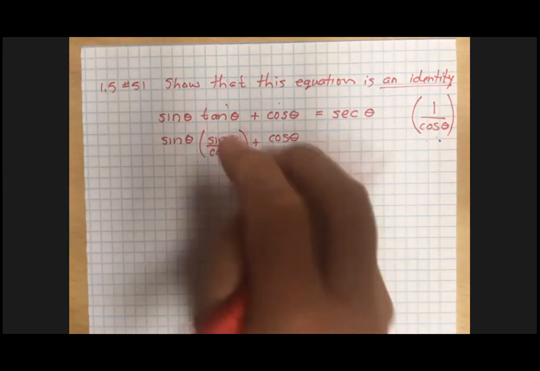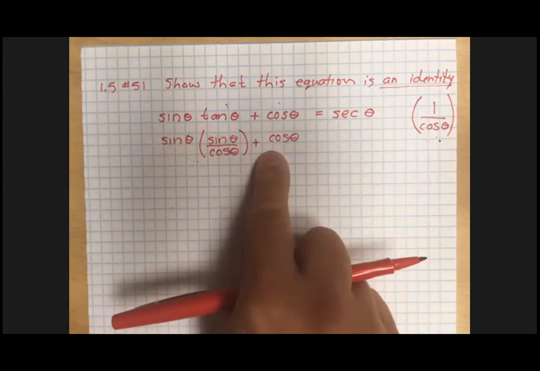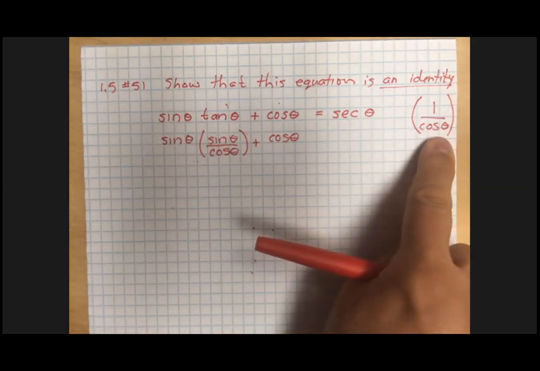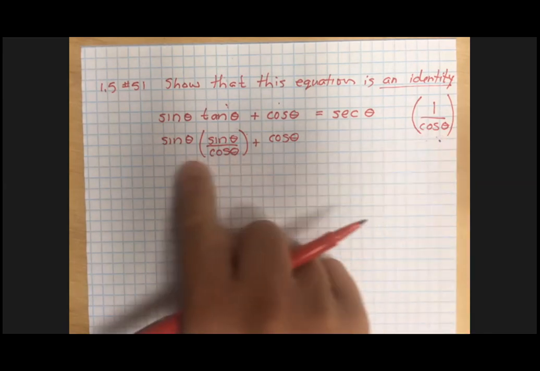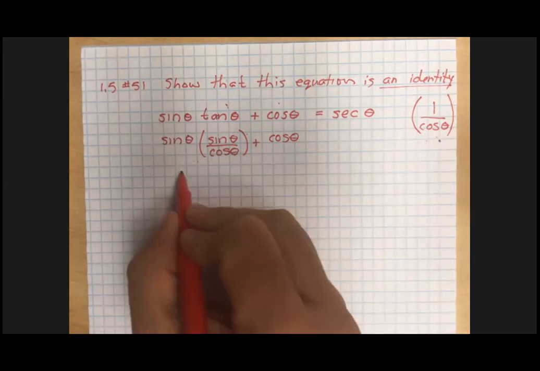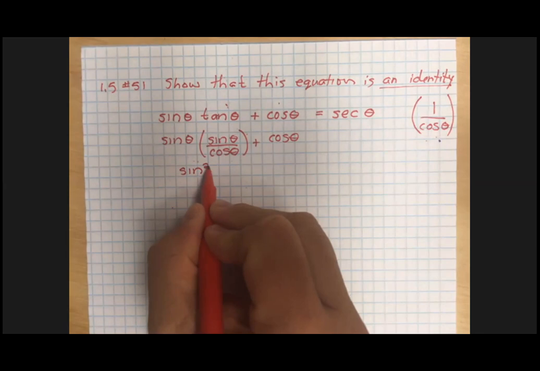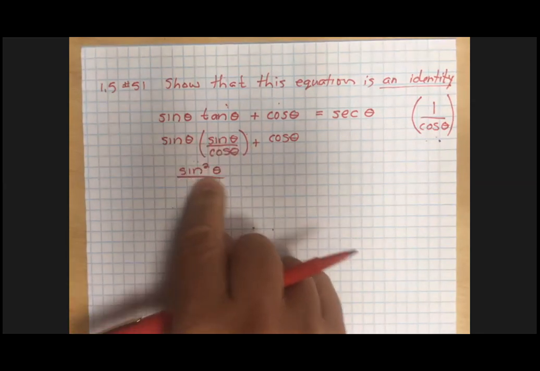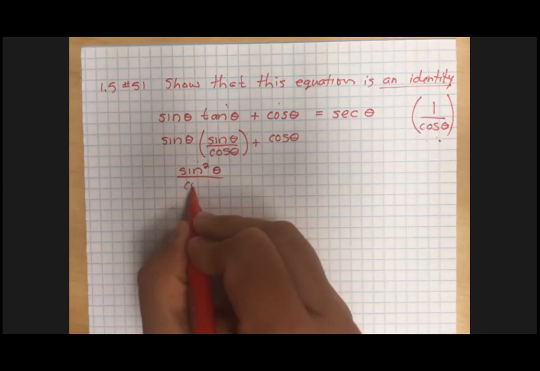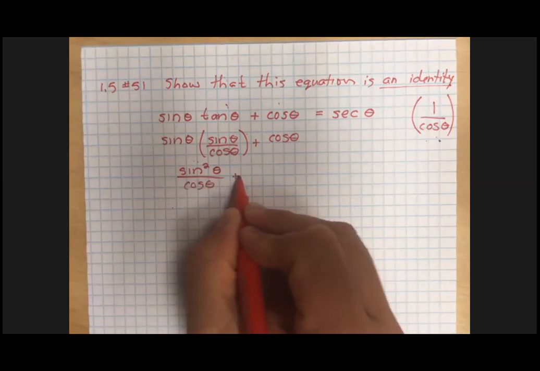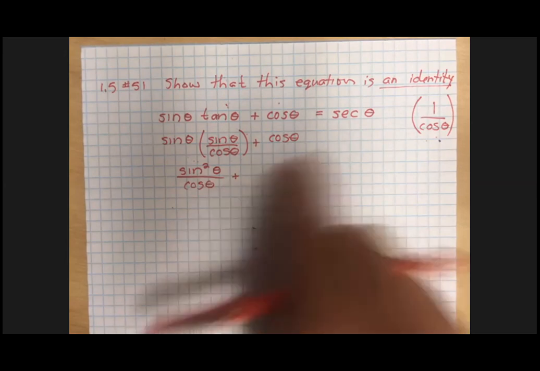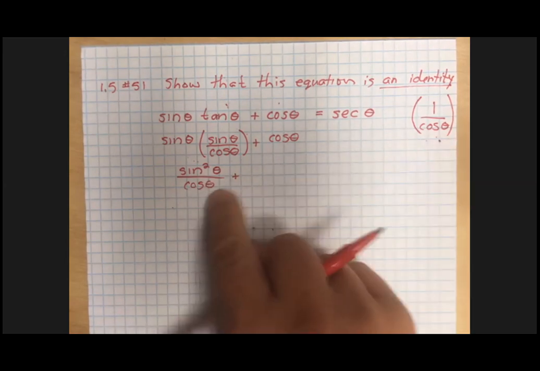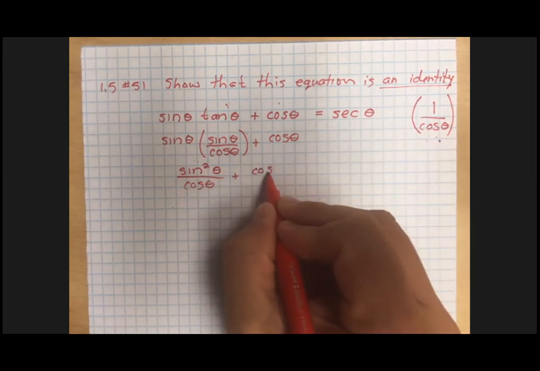If you write things in terms of just basic sines and cosines, it might help you find your answer. This does not look promising yet. This is sine theta times sine theta. It's written sine squared theta. But I will say this for myself. I now have a cosine theta in the denominator, almost, not nearly like this, but on the way.